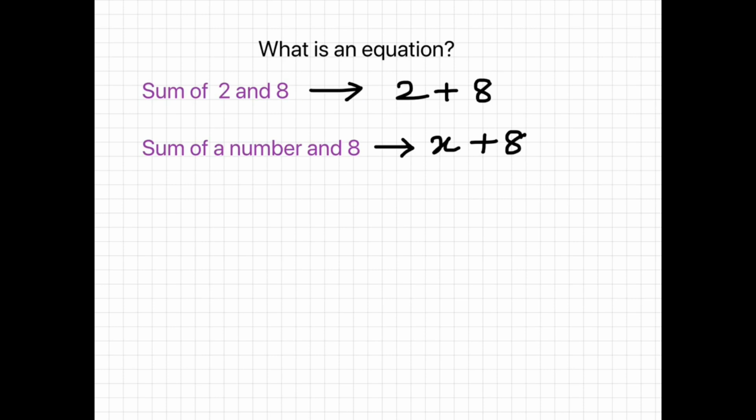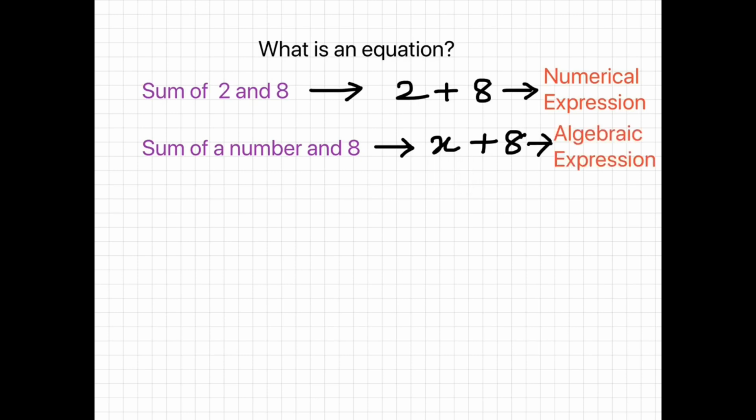But look at this expression 2 plus 8. This expression involves only numbers. Hence it is called numerical expression. And in this expression x plus 8, this expression involves variable x, therefore it is called algebraic expression.